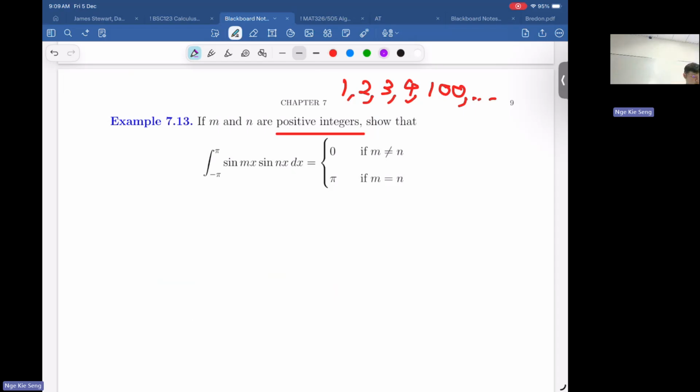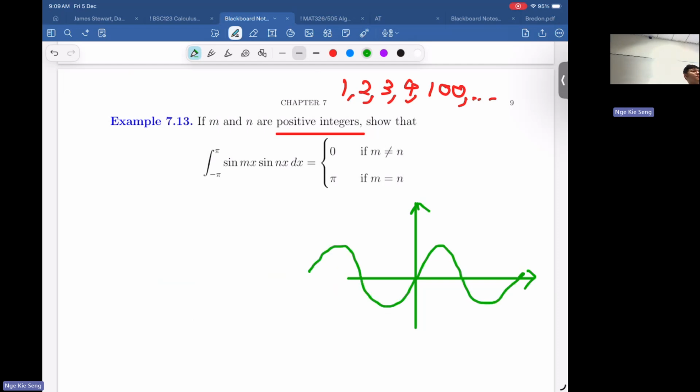So maybe you could have two functions multiplied together, right? So your sine must be something like this. So what's the business with mx and nx here? The period could change. So maybe it looks something like this, maybe one of them is wider than this, or smaller.